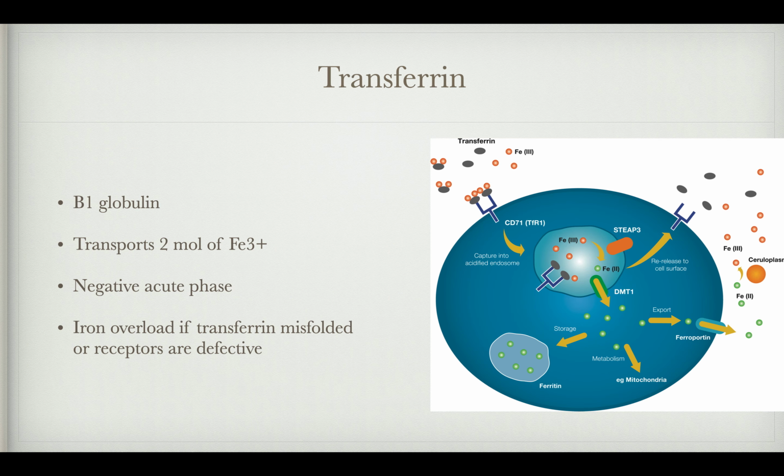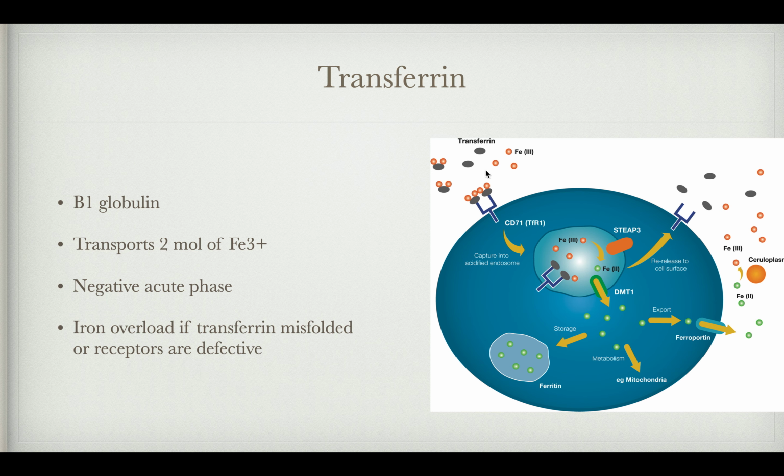So transferrin is a beta-1 globulin, and it transports 2 moles of the ferric ion per 1 mole of transferrin. It's a negative acute phase reactant. And iron overload occurs if transferrin is misfolded or the receptors are defective. So here you go.